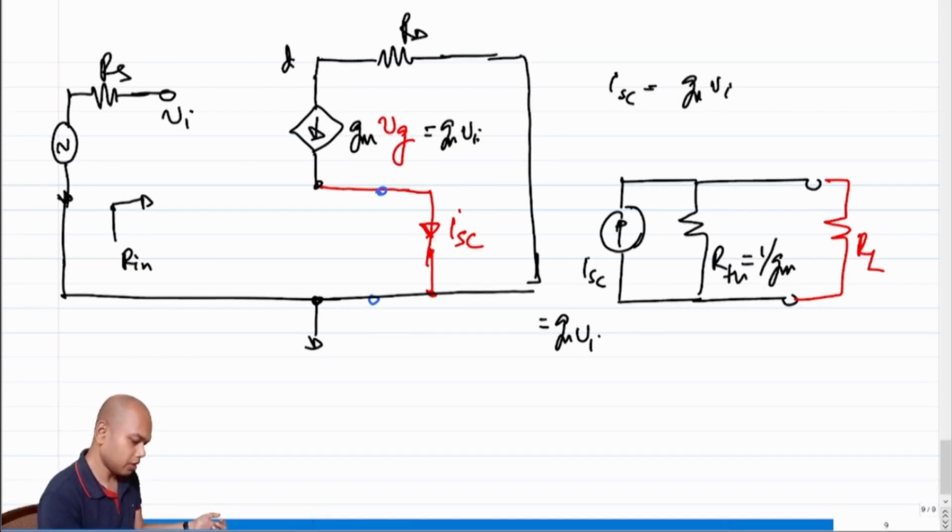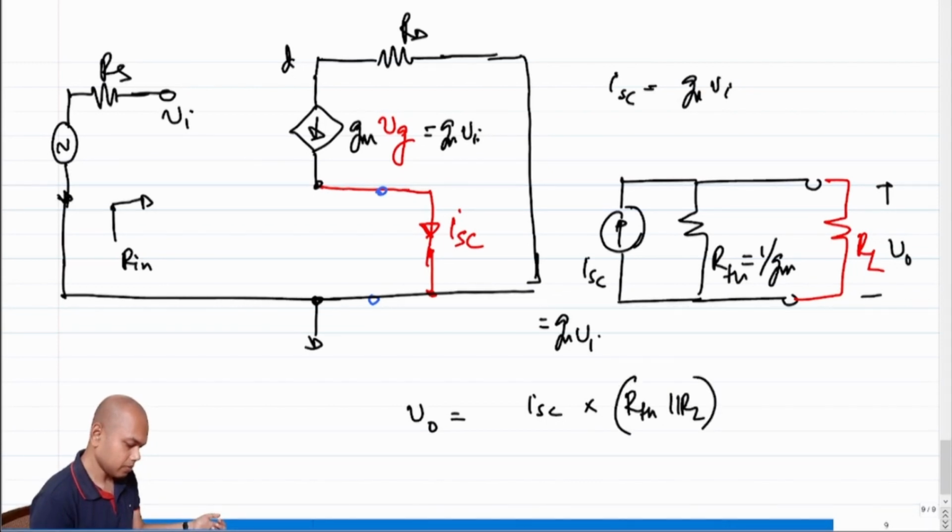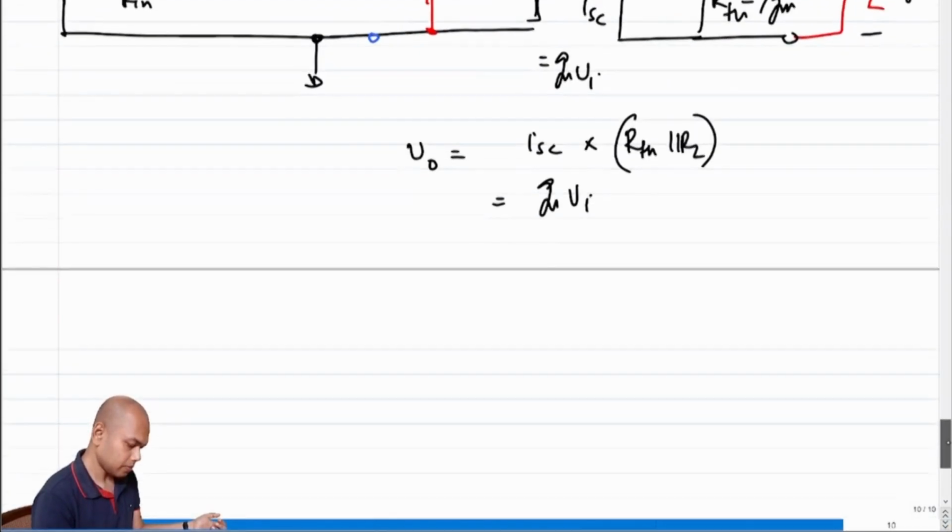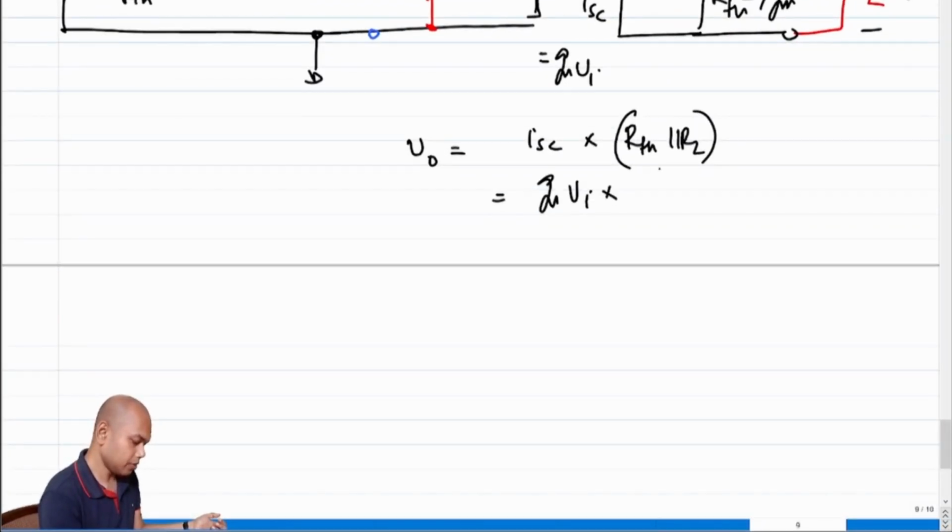So what is V naught? V naught is ISC times RTH parallel RL, right? Or I can say ISC is gm times Vi, times 1 over gm parallel RL.